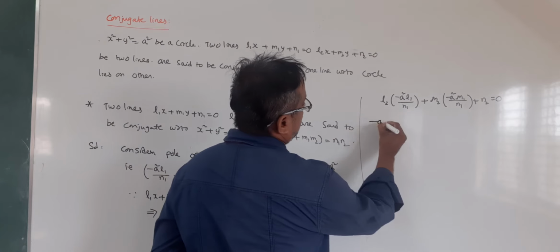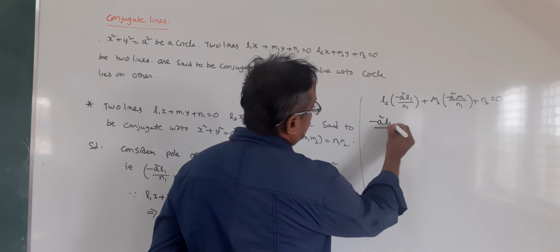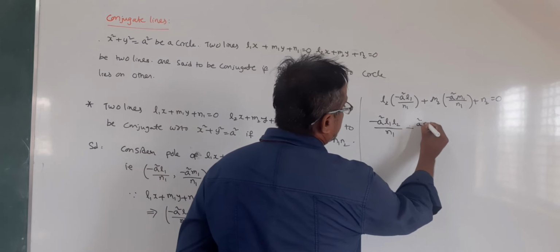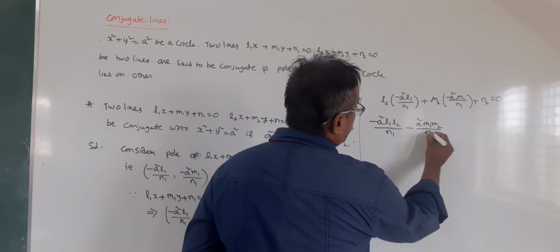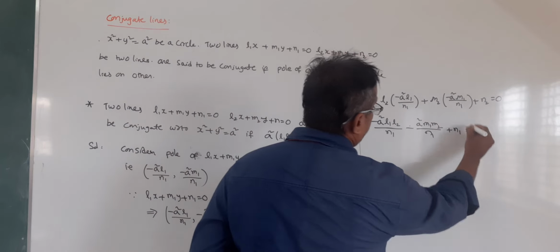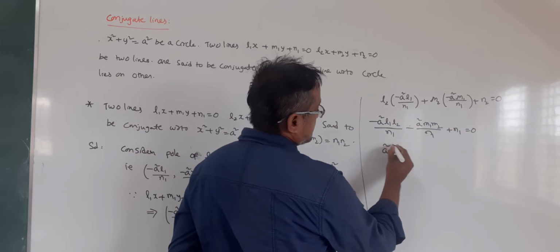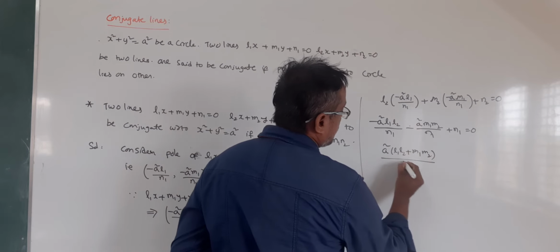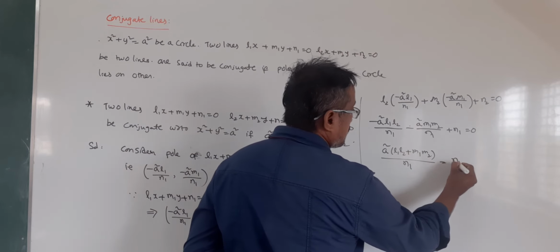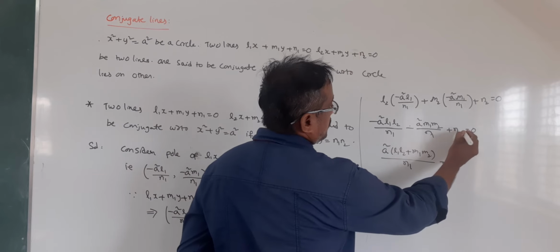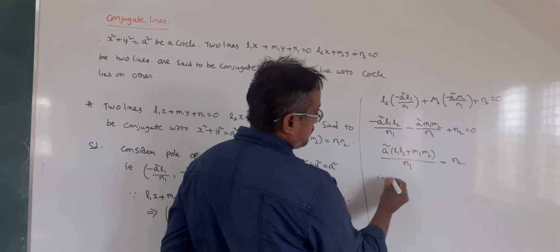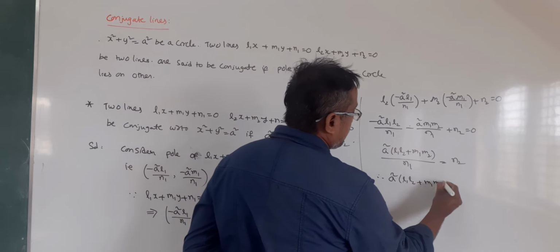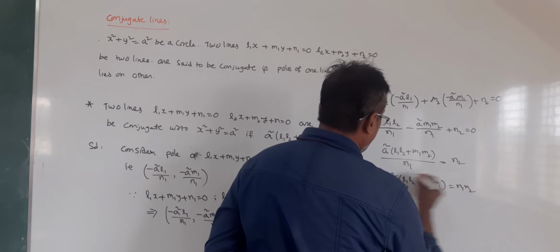So you will get -a² L1 L2/N1 - a² M1 M2/N1 + N2 = 0. So a²(L1 L2 + M1 M2)/N1 = N2. Therefore, a²(L1 L2 + M1 M2) = N1 N2.